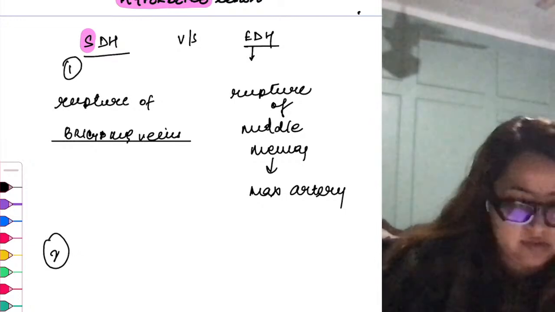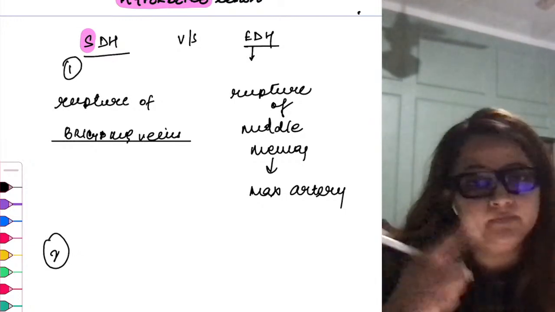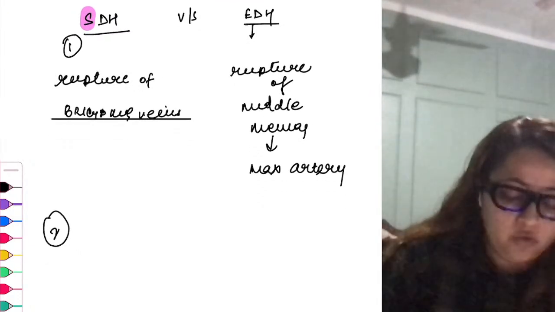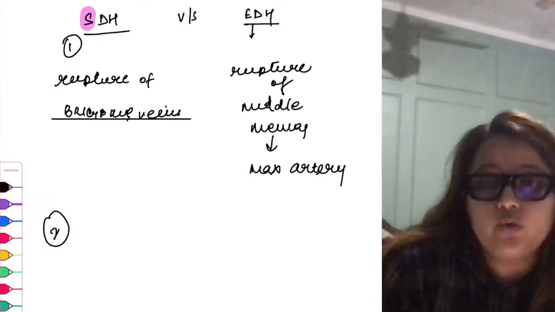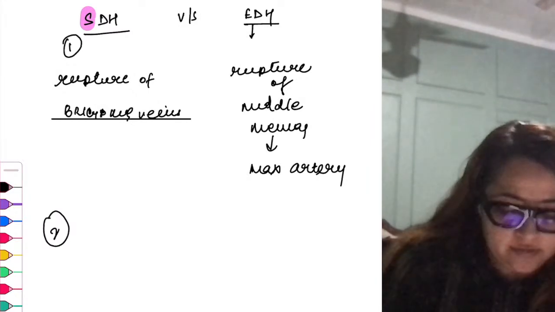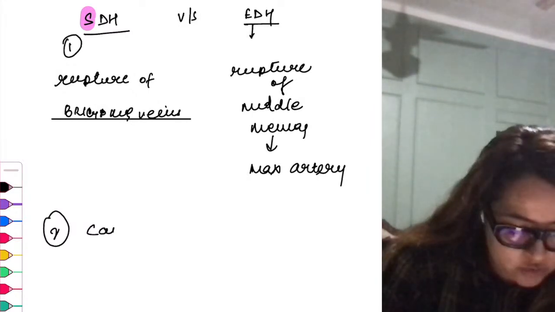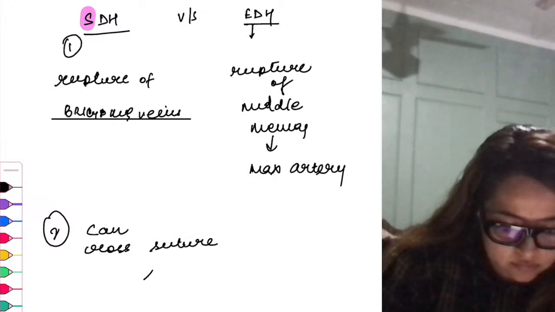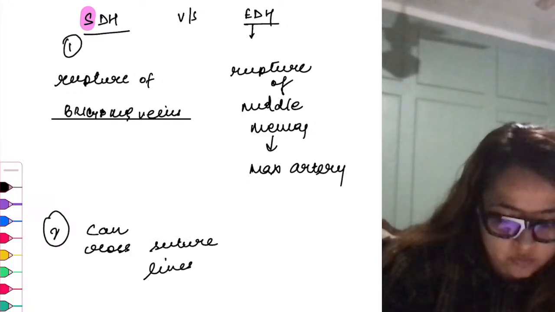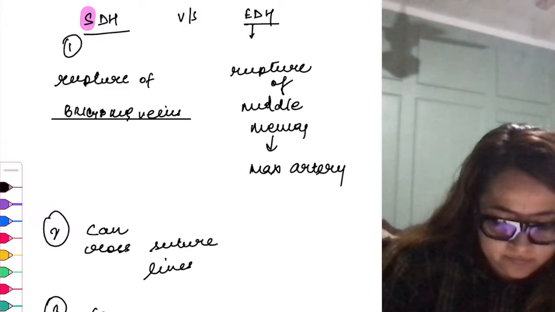And the second difference between subdural hematoma and epidural hematoma is based on the crossing of suture lines and crossing the midline. So subdural hematoma can cross suture lines, but it cannot cross midline.